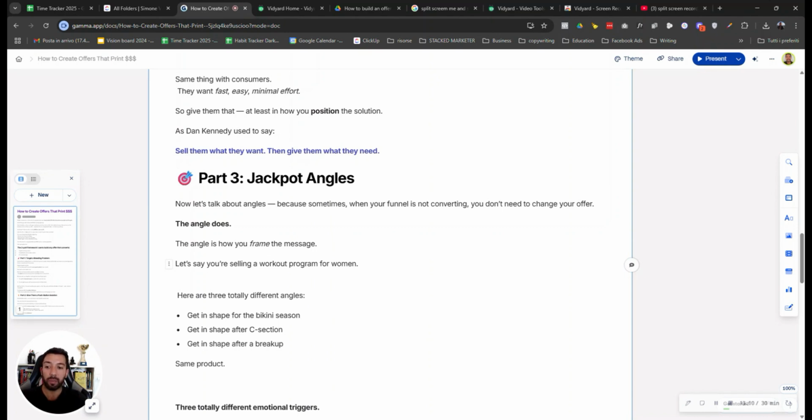Or getting in shape after a breakup. Now we're talking about revenge. So you see, three really different emotions, three really different outcomes, three really different motivators, three really different reasons that push you to buy this workout program.